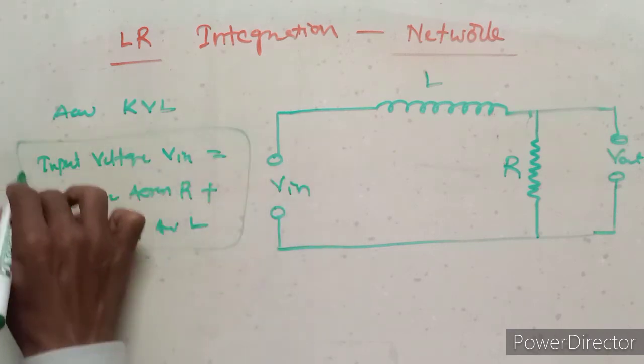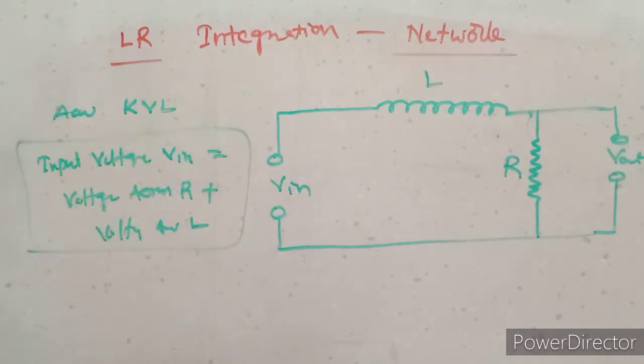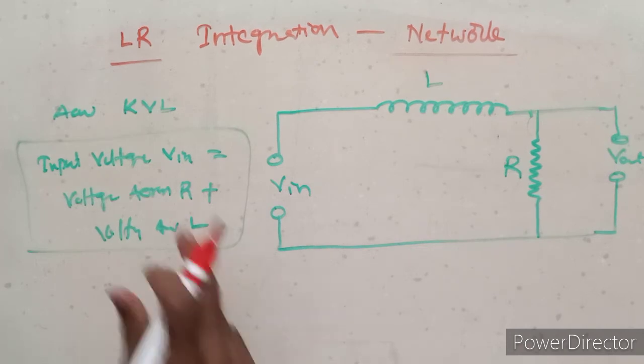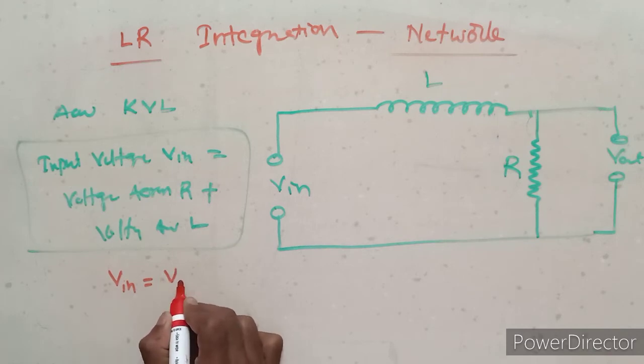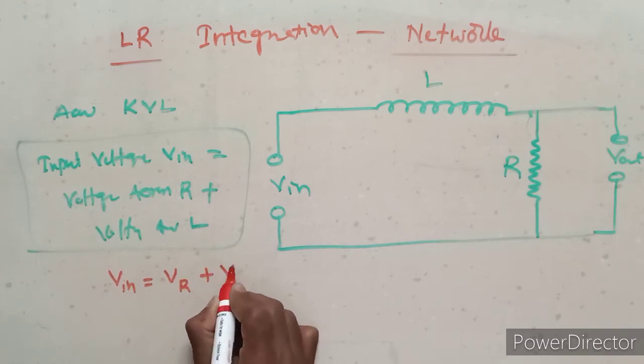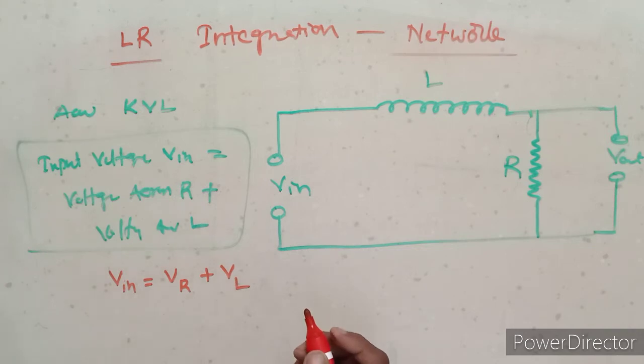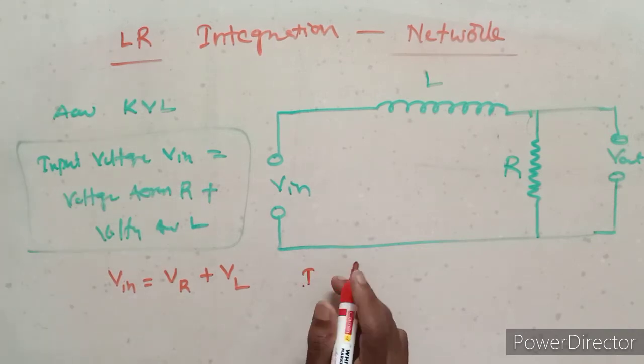This is the KVL, Kirchhoff's voltage law. Already we know that the voltage across resistance equals IR.